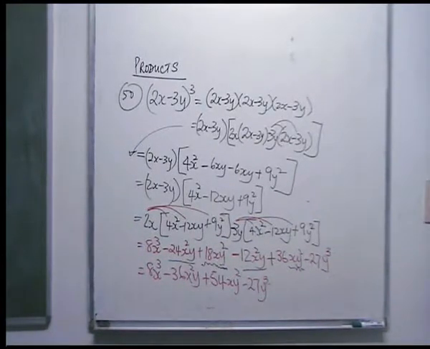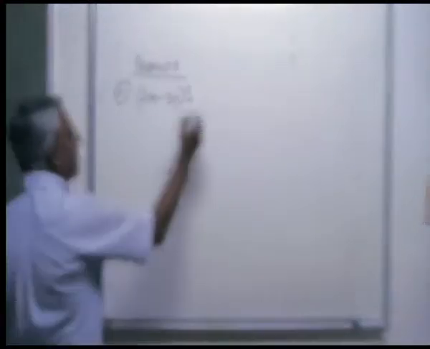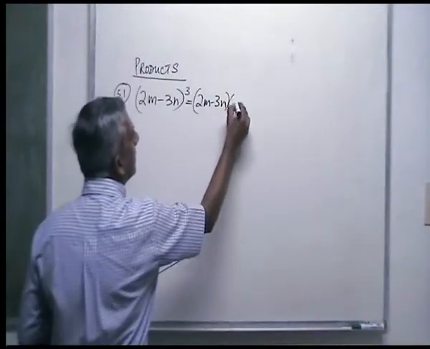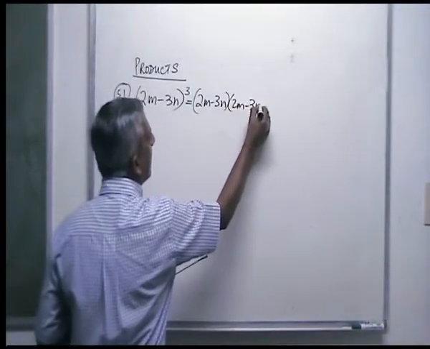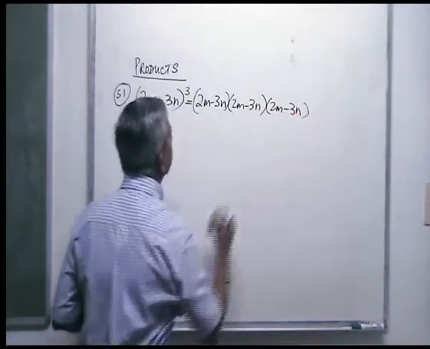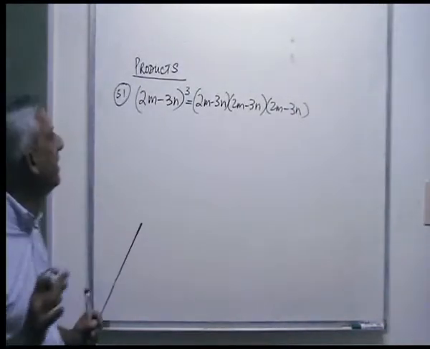Alright. Right, there's number 51, 2m minus 3n cubed. So step 1, 2m minus 3n, 2m minus 3n, 2m minus 3n. Now what I'm going to do in this example, I'm going to do it slightly differently.